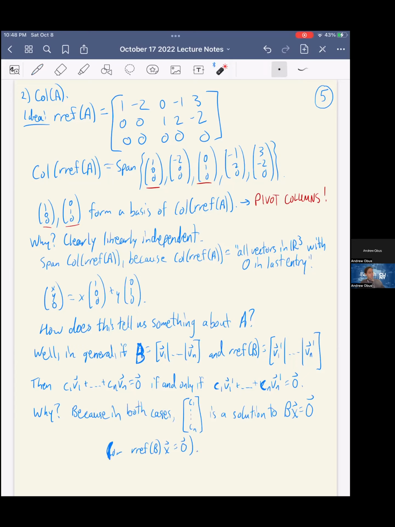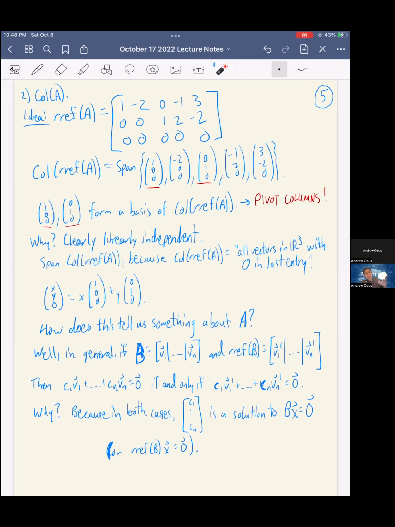The point is, if I'm trying to solve Bx equals 0, how do I do it with row reduction? I reduce it so you get the row-reduced echelon form of B. And we know that the solutions don't change, right? That's the whole point of doing echelon form or row-reduced echelon form, is that you get a simpler matrix, but the solutions are the same, right?